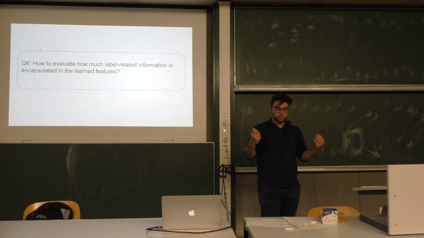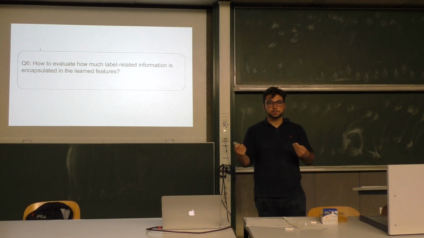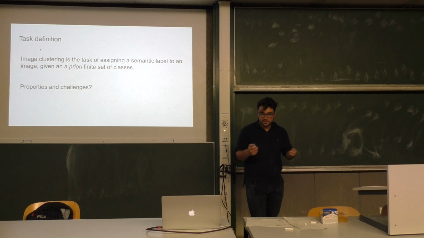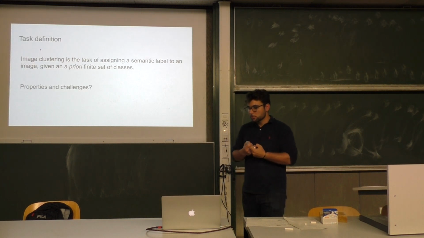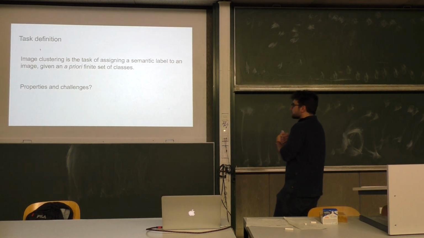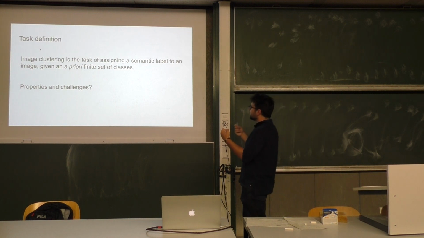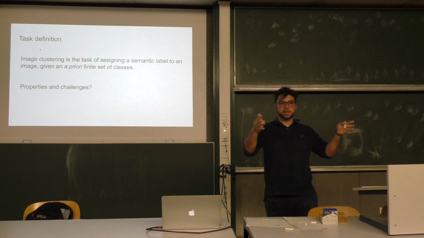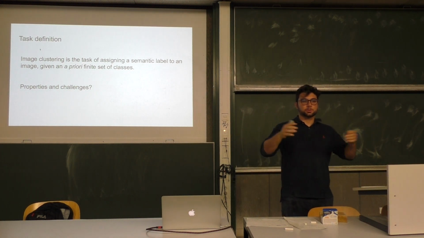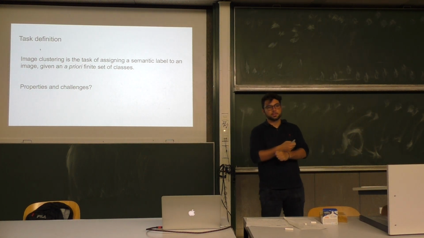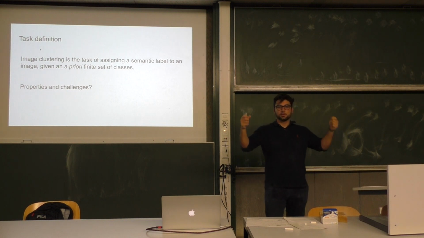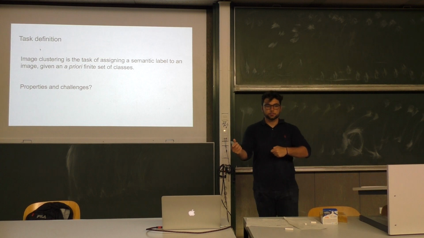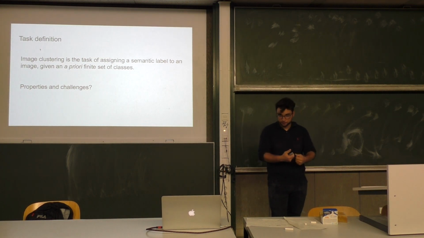And the other way, which doesn't include labels (you still need the labels if you do linear probing in the end), is image clustering. Image clustering is a task where we know in advance how many labels we have in the dataset, a set of images. We know in advance that we have 10 different classes, but we don't know which images correspond to which class. So it's an unsupervised problem.